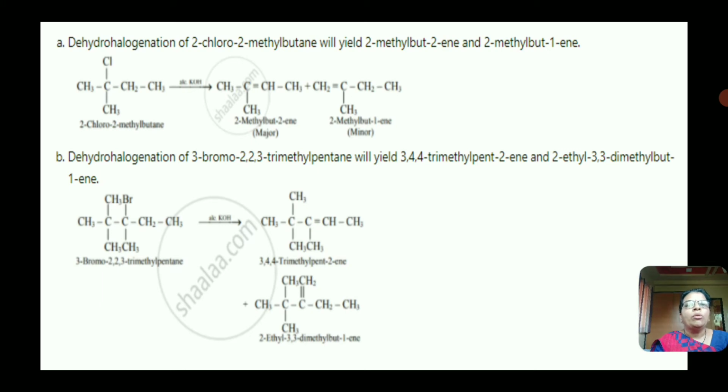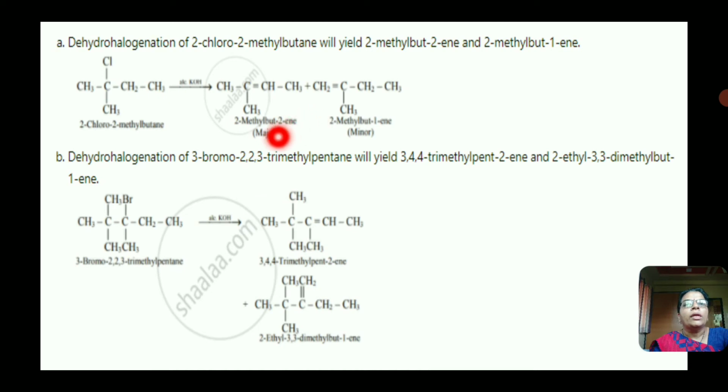Now in this example, there are two types of beta hydrogen atoms, and therefore we will get a mixture of two products. First is 2-methylbut-2-ene, which is the major product, and 2-methylbut-1-ene is the minor product.